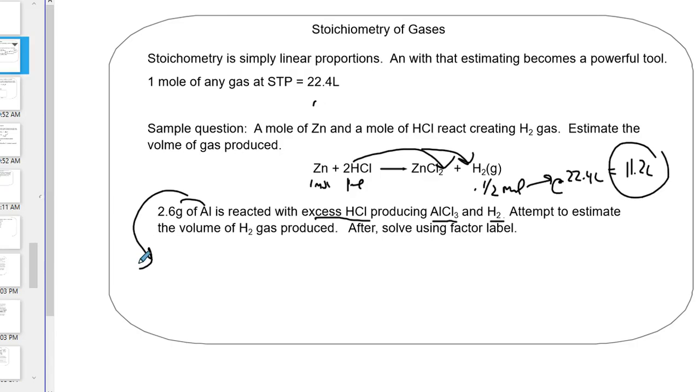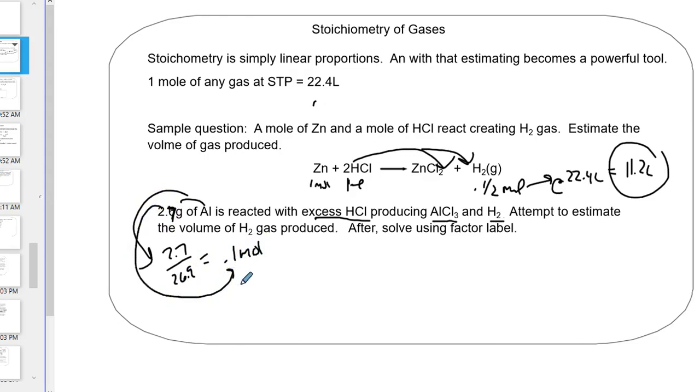It's about 27 grams, or 26.9. So let's just change this to 2.7 grams, to get a little closer. That means I have 2.7 divided by 26.9, so I'm going to get about 0.1 moles. That's what that's intended to be, just a simple 0.1 mole conversion.